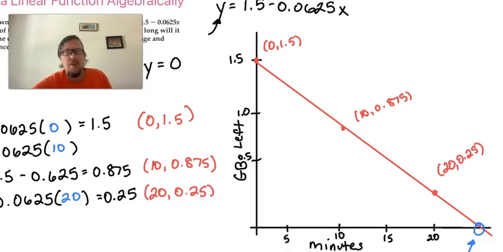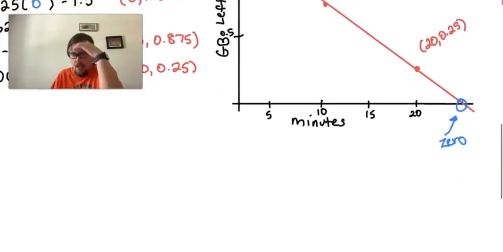Well, a couple of strategies we can do here. The strategy I like the most is solving it algebraically. It's more than 20, looks like it's going to be less than 25 or maybe right at 25. How can I figure out exactly where it is? We're going to do what I said you could do right at the beginning.